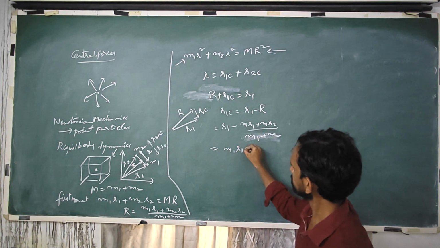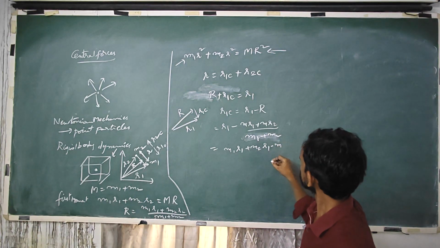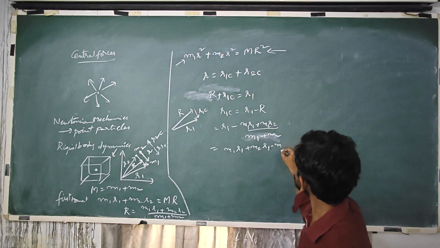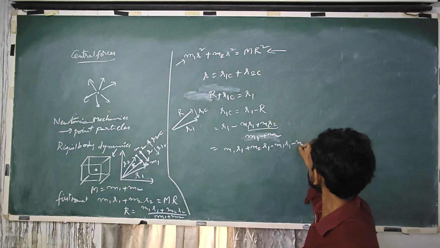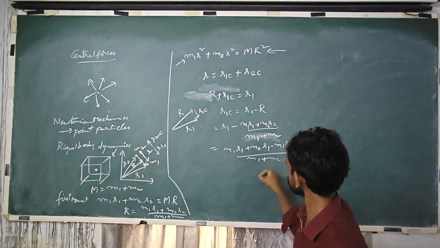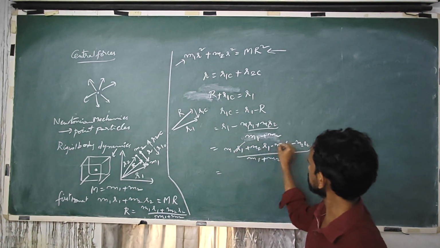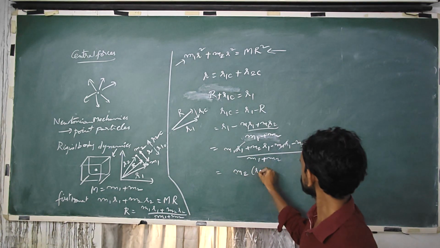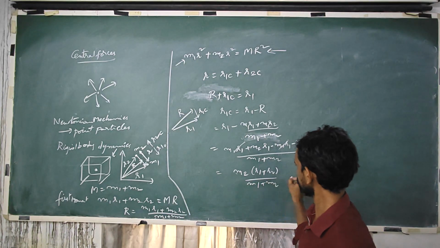So m1 R1 plus m2 R1 minus m1 R1 minus m2 R2 by m1 plus m2. So what do you get? m1 R1 gets cancelled. m2 times (R1 minus R2) by m1 plus m2.